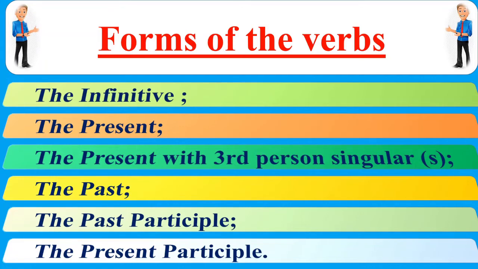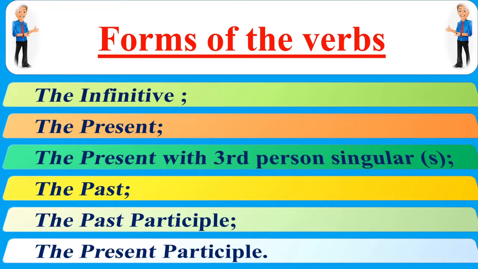The infinitive وهو الصيغة الرئيسية للفعل. الأفعال في الإنجليزية تكتب to زائد الفعل: to write, to read, to eat. the present الشكل الثاني وهو المضارع أو الحاضر.